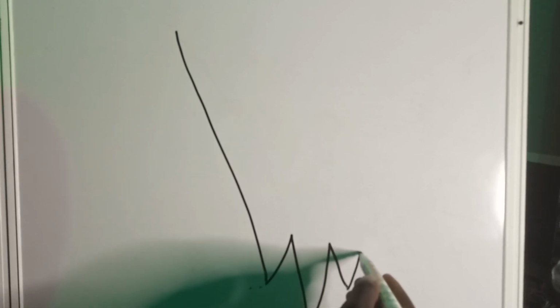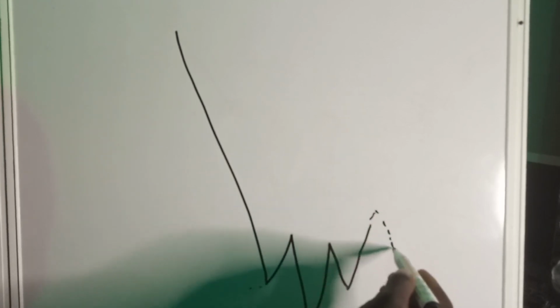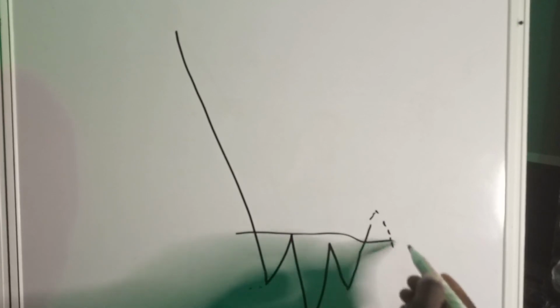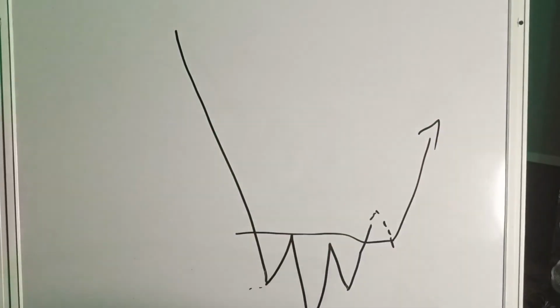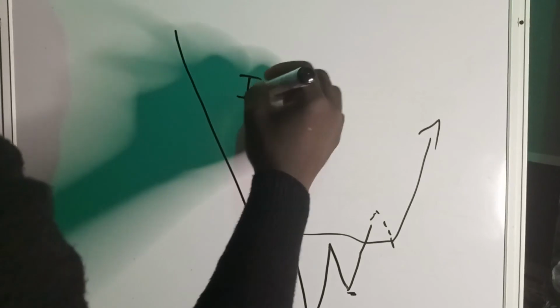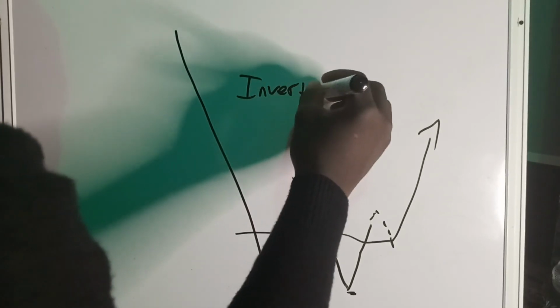This will be the left shoulder to push down, giving us the head, then come back down to this support, giving us another shoulder, then it will break this resistance, come back for a retest, and then go back up. This is the inverted head and shoulder pattern.